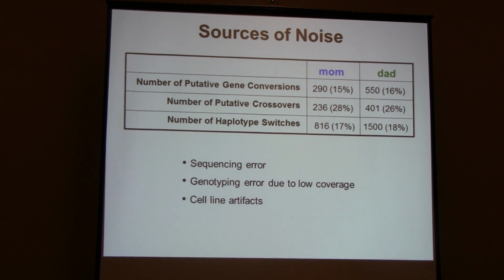So even after filtering out events that are supported by just a single clone haplotype, we still are getting numbers that are really, really noisy. I suspect much of this represents cell line artifacts. These libraries were constructed from cell line-based DNA, and most of our genomic resources in humans, including HapMap and the 1000 Genomes Project, are derived from cell line-based material.